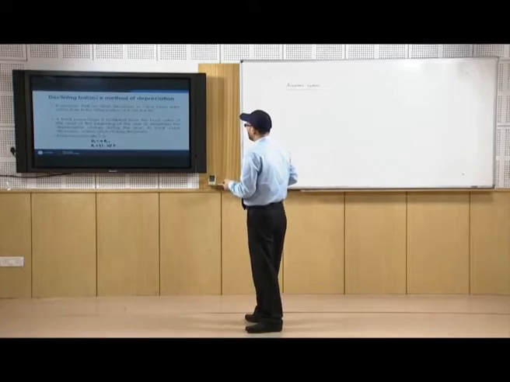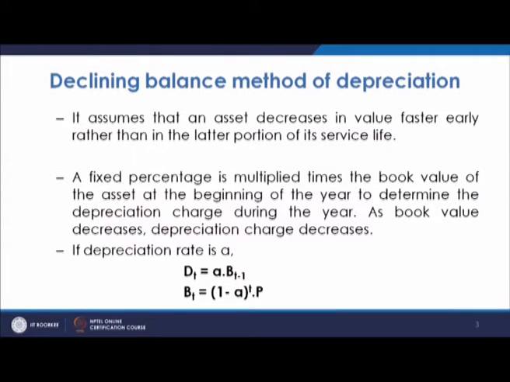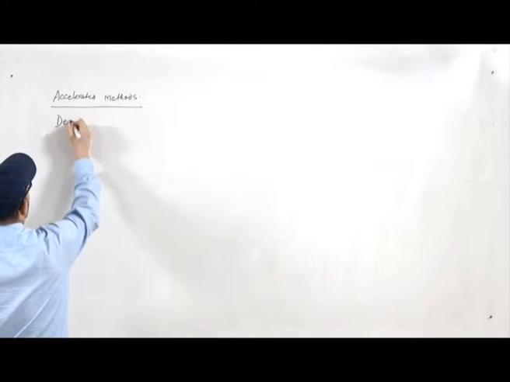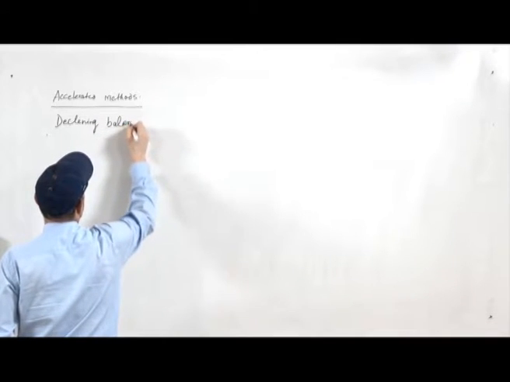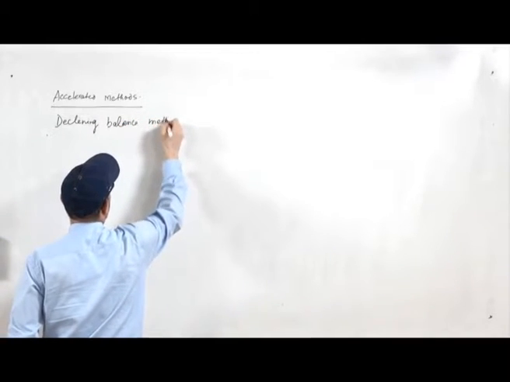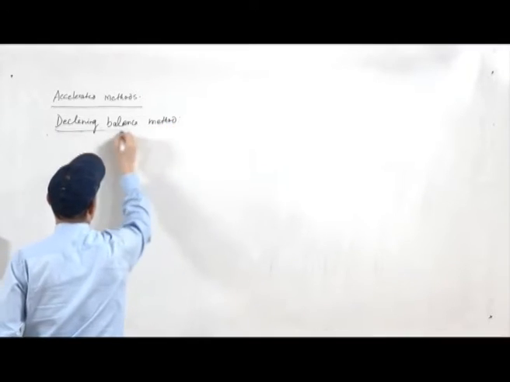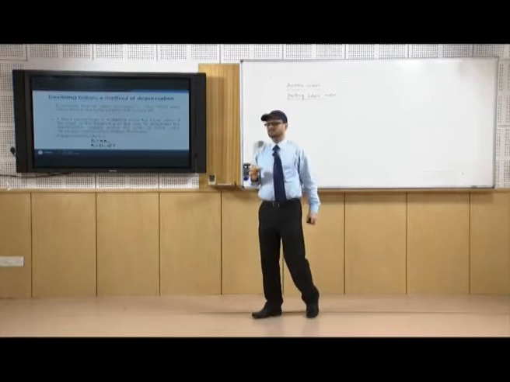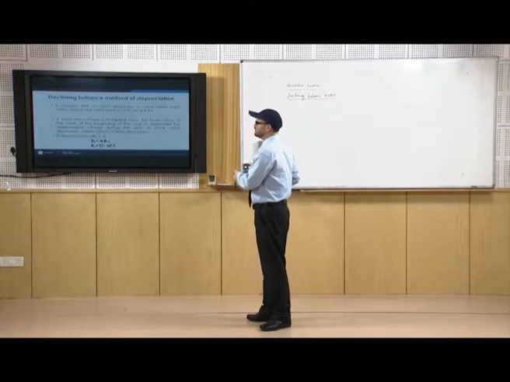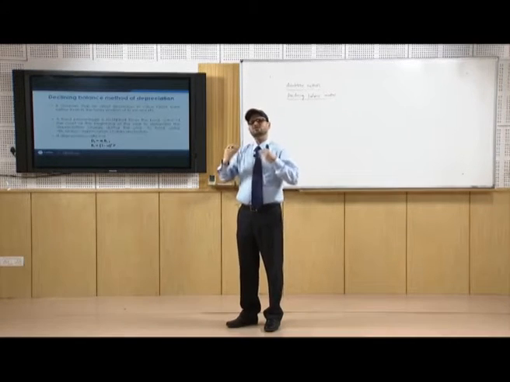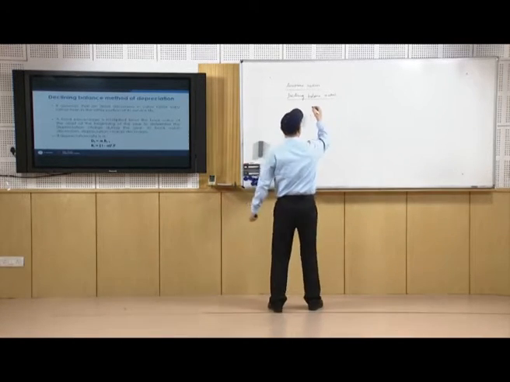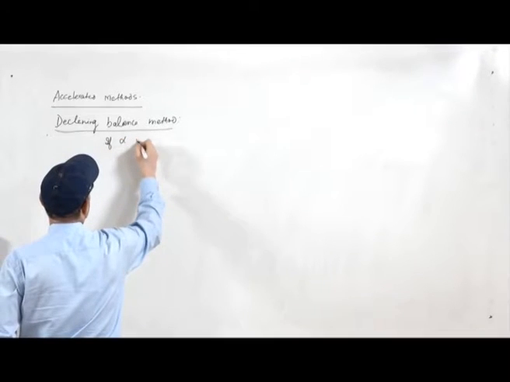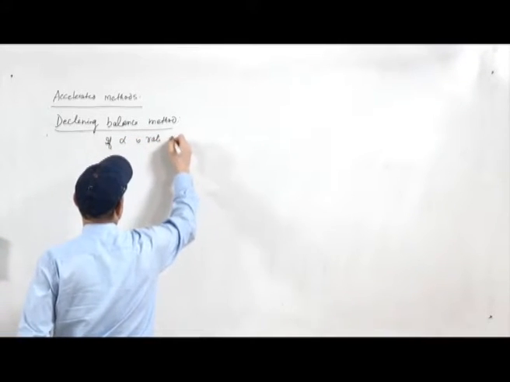Now, if alpha is the rate of depreciation, this is known as the declining balance method.